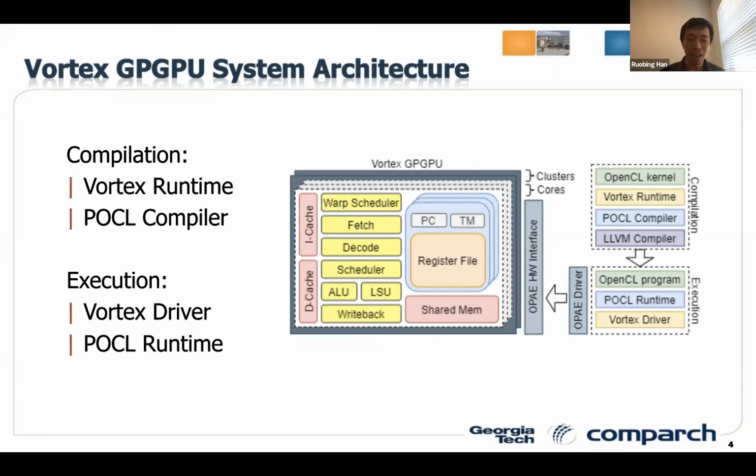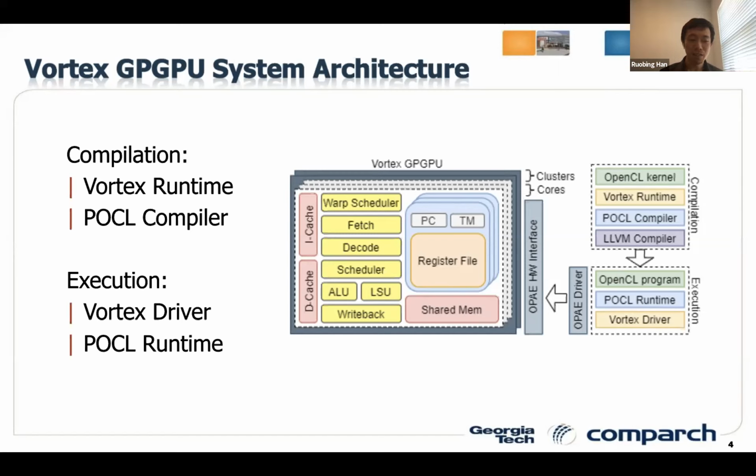Thus, we cannot directly use the original POCL compiler because it will generate an interface which doesn't satisfy the requirements of Vortex. So we have to modify the original POCL compiler so that it can generate the interface Vortex needs. Besides, Vortex has some specific built-in functions, like those for warp scheduling and other things. For these specific built-in functions, we have to implement them in the Vortex runtime libraries, and this library will then be linked with the kernel at compilation time.